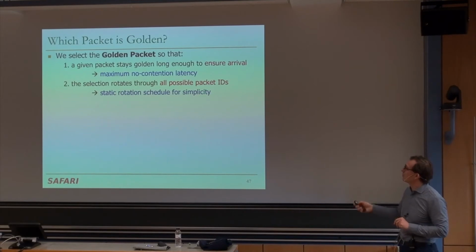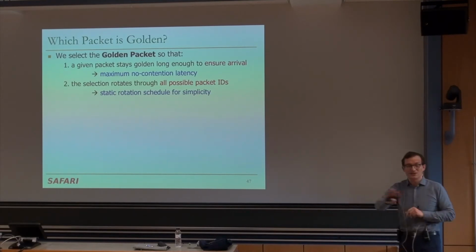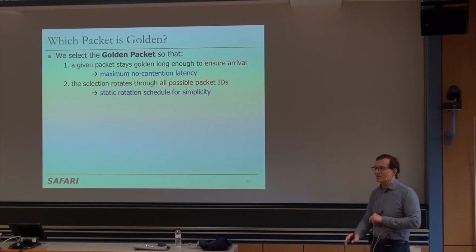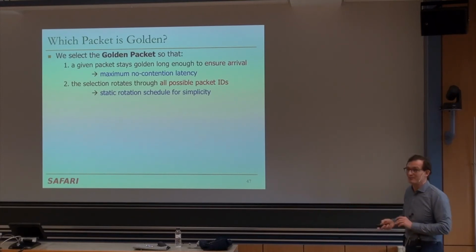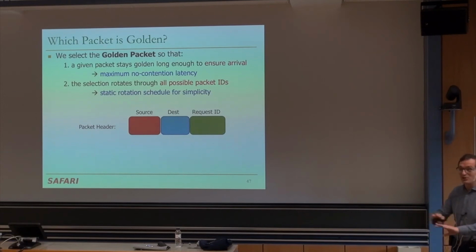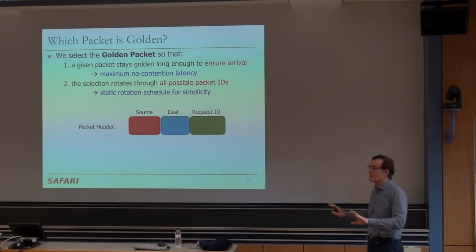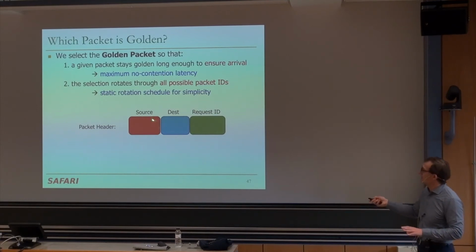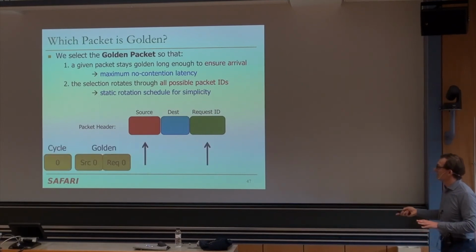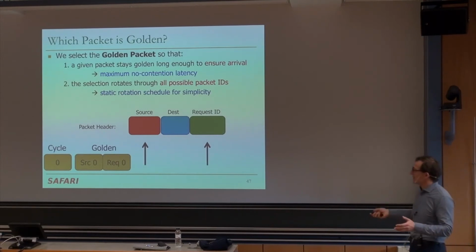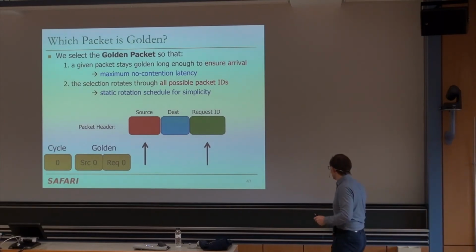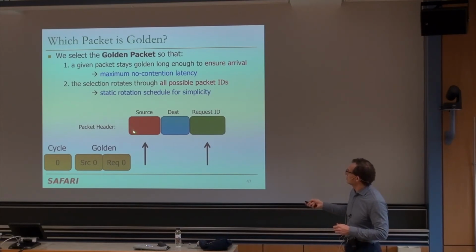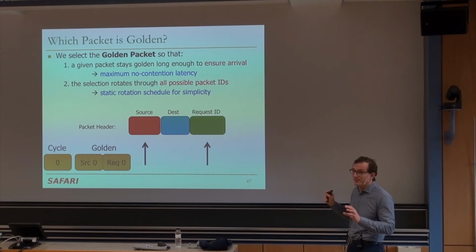You basically look at all possible packet IDs that could be present in the network, and you rotate the selection in a deterministic, static manner, for simplicity. In an on-chip network, you know what could be in the network, right? If you look at a packet, you have source, destination, and request ID. When you're injecting into the network, you know the ID of the flit that you're injecting.